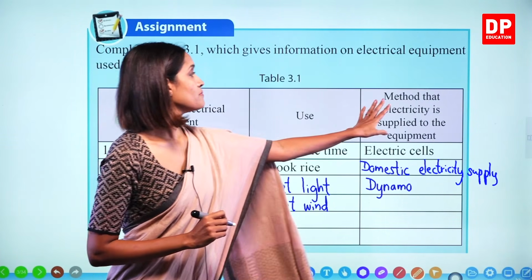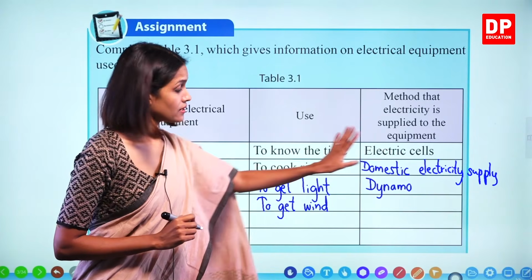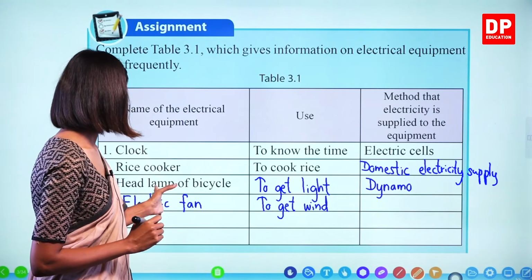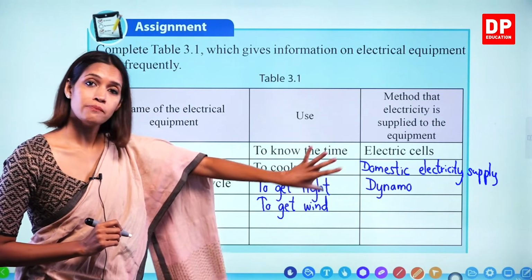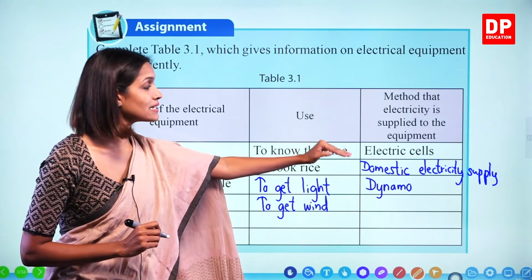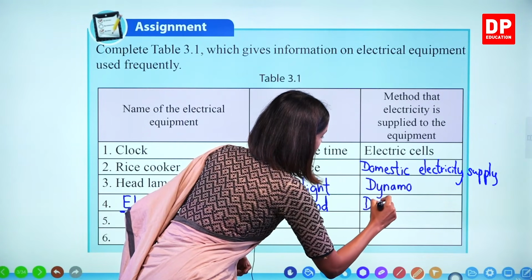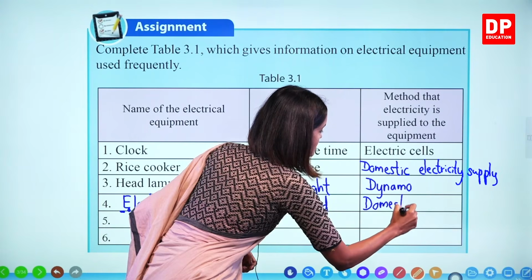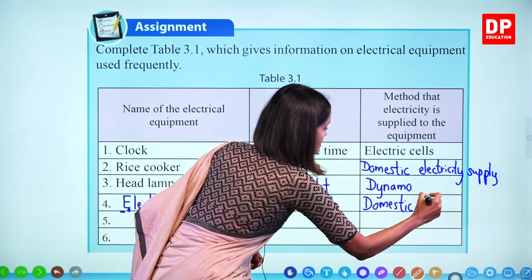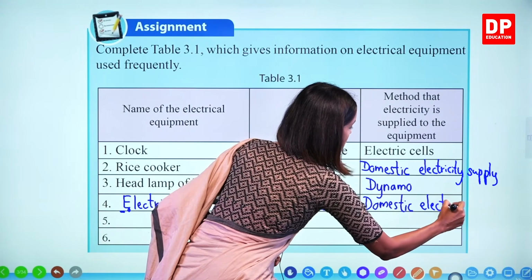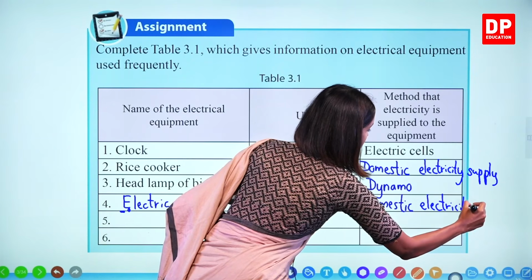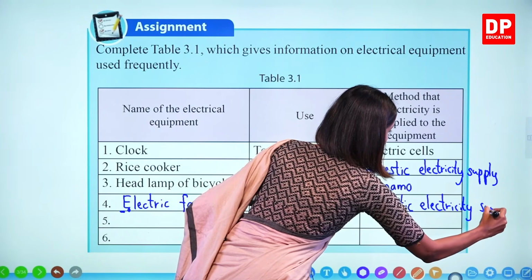And again, what is the method that electricity is supplied? Again, you have to plug this fan to the plug points. It means domestic electricity supply.